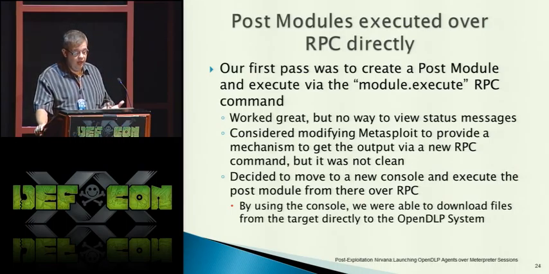And because I create the console, I get the ID. It's mine. It's tied to a user. And it's got this nice little busy flag. So if I start the post module just as if I would from a Metasploit MSF console, then I can tell when it's finished execution, and I get all that output.